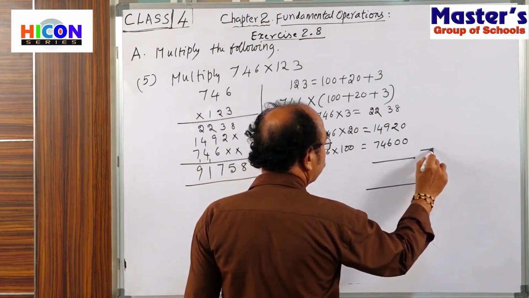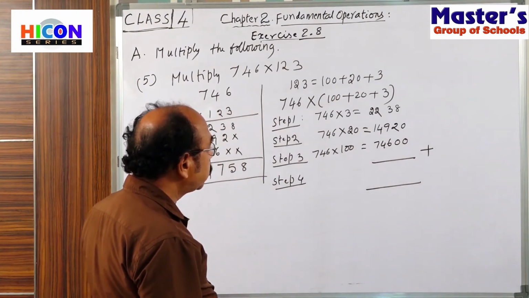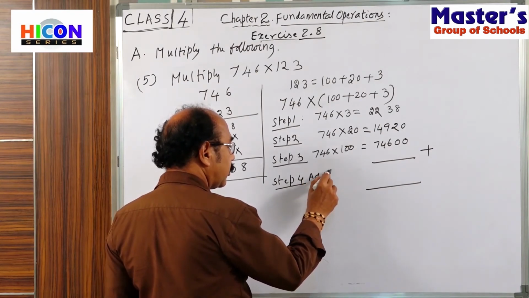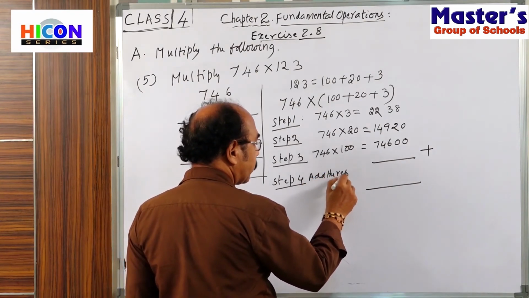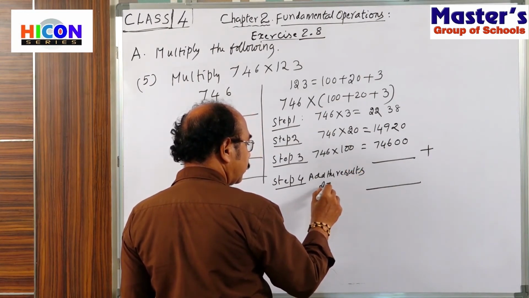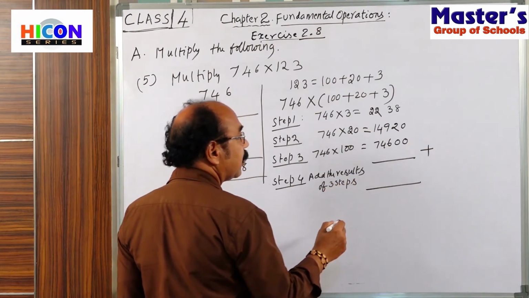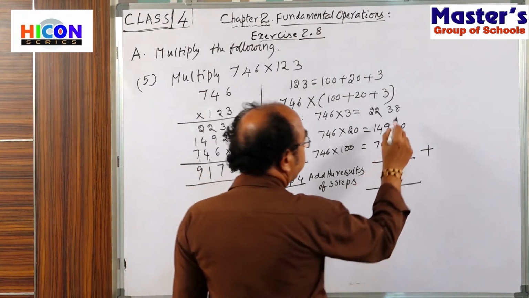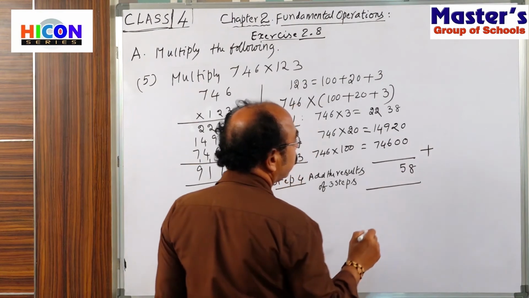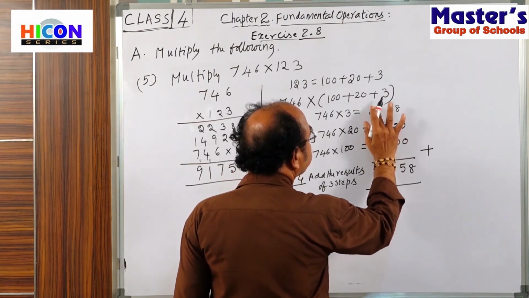We add the results of the 3 steps. Okay, now do addition. 8 plus 0 is 8. 3 plus 2 is 5. Okay, children. Here 2, write correctly in the 100 place. Exactly.